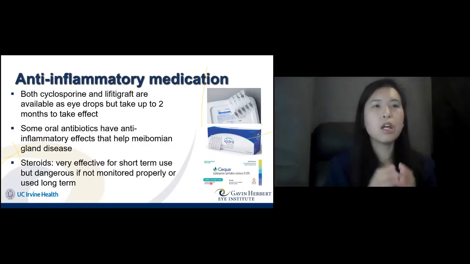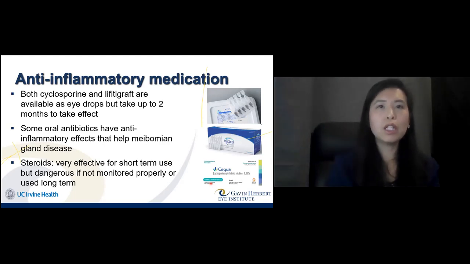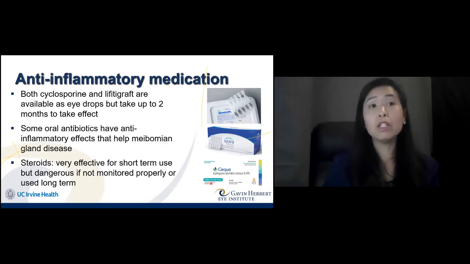So steroids are very effective for short-term use. You put the steroid in, it decreases inflammation, but it's not good to use steroid for a long time. And it actually can be very dangerous if you're not monitored properly, or you get a lot of side effects if you use it long term. So we don't like to prescribe steroids to treat dry eye for a long period of time.